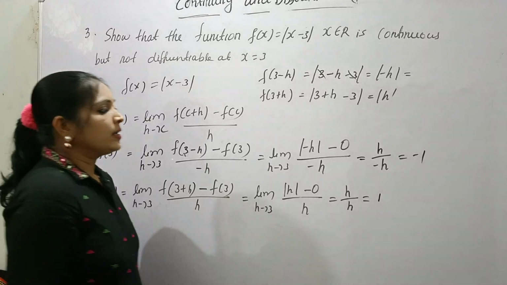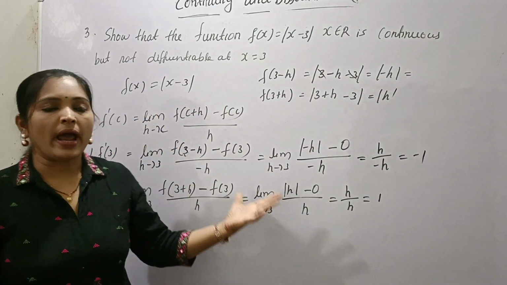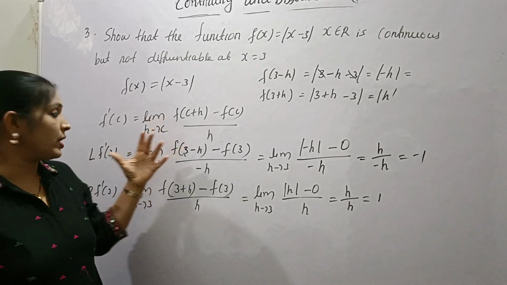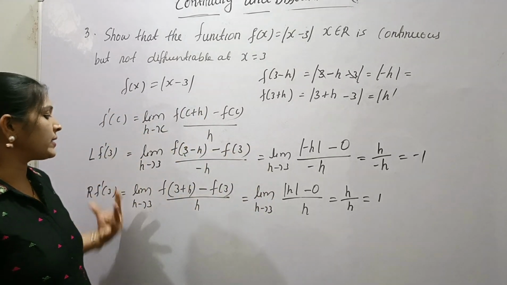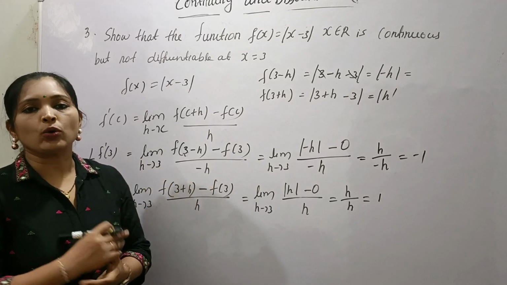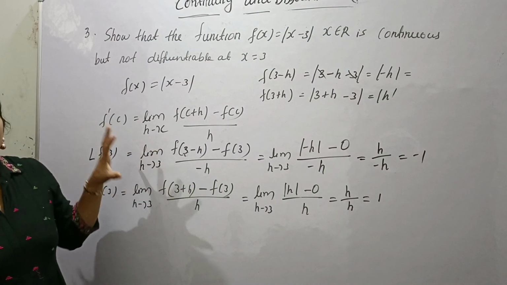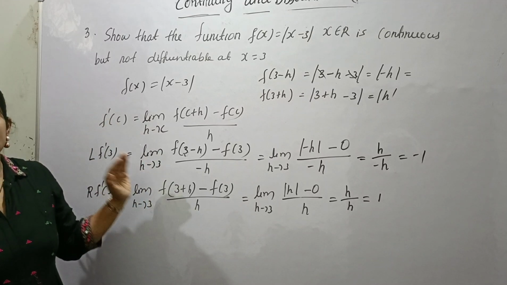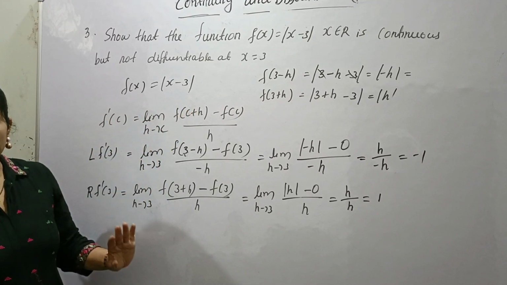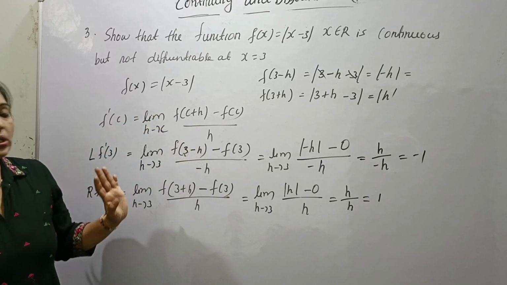Okay. So here we have got left hand derivative is minus 1 and right hand derivative is 1. That means here it is not equal, right? They are not equal. Therefore, the function derivative does not exist at x is equal to 3. Therefore, this function is not differentiable at x is equal to 3.